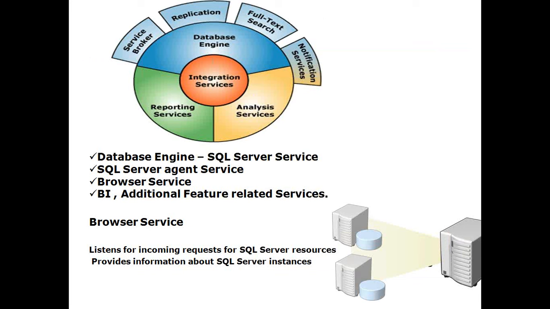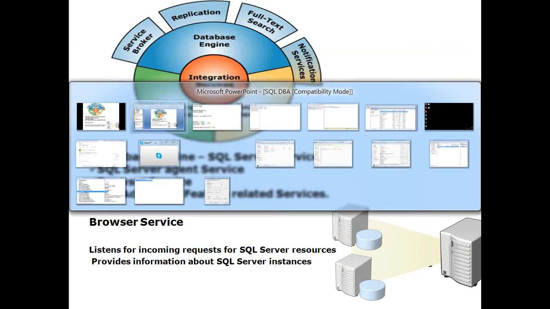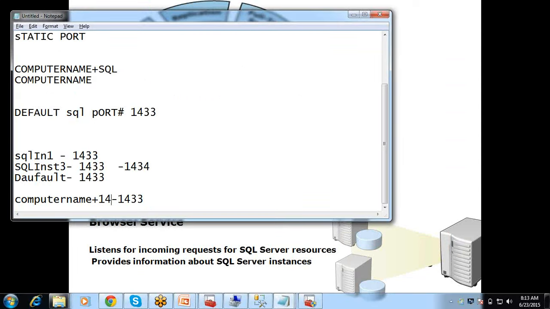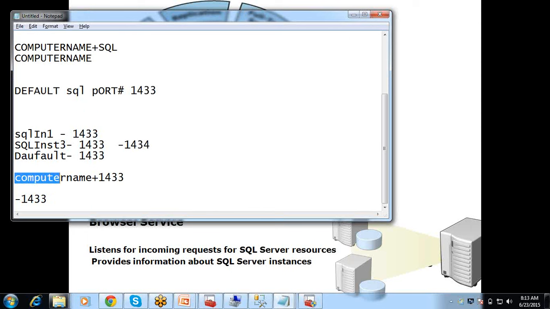In the TCP/IP protocol, we specify the IP address and port number to connect to SQL Server, either the IP number or the computer full name. So I have to provide my computer full name and instance name, and specify the port number 1433.